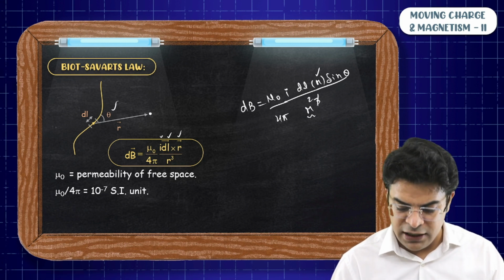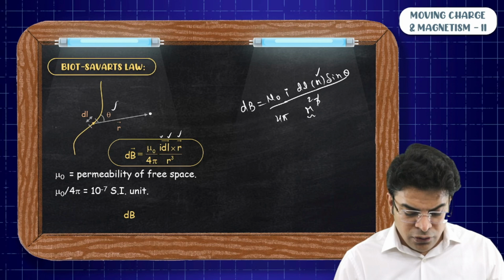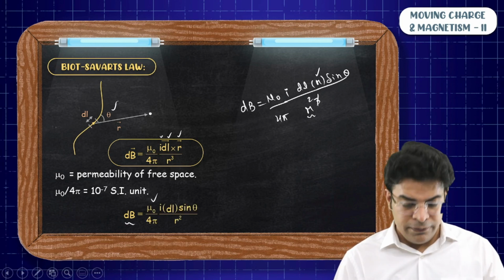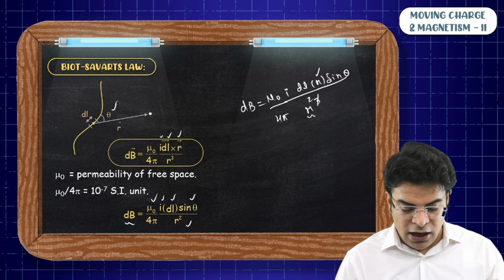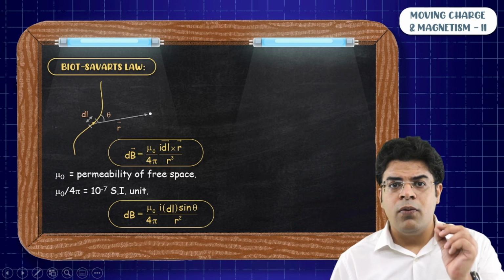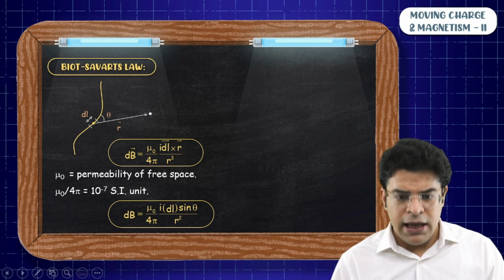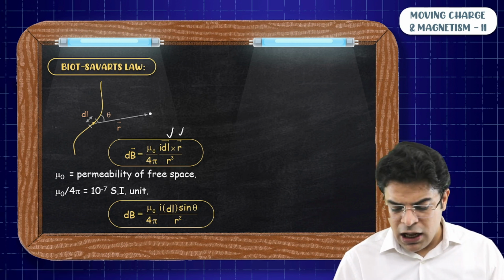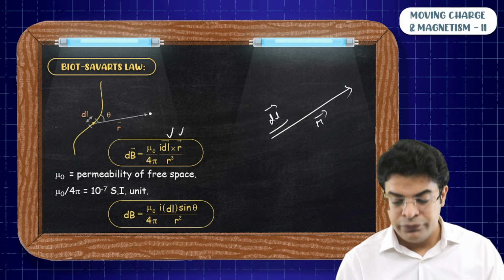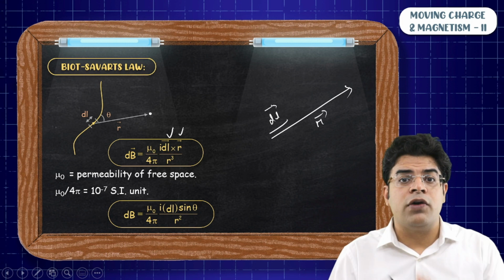Cancel it, you get r square in the denominator. So when you are writing just the magnitude, dB equals mu naught by 4 pi, I dl sine theta upon r square. So this is the formula. Now here one thing is important. If dl and r are parallel, then their cross product will be 0.